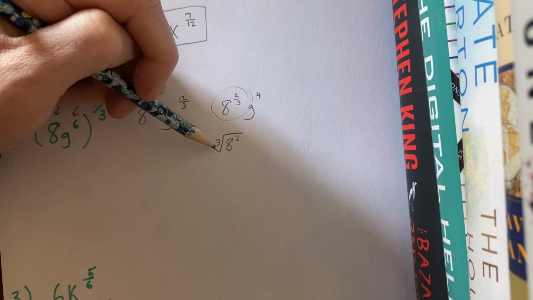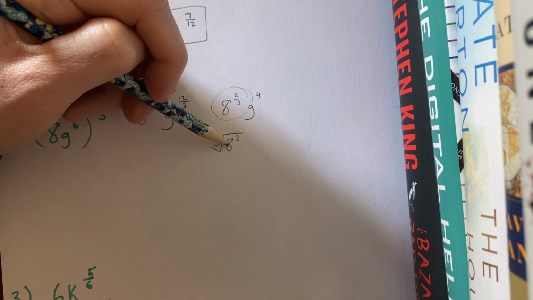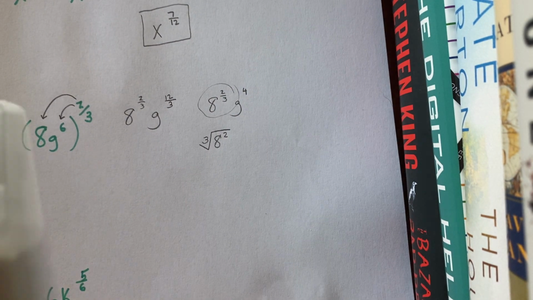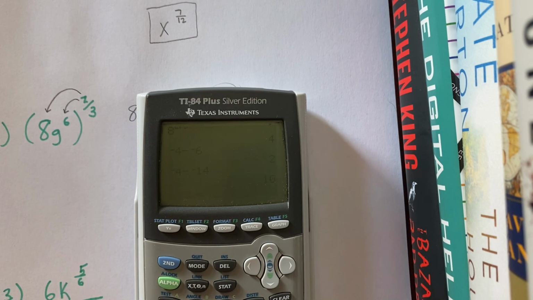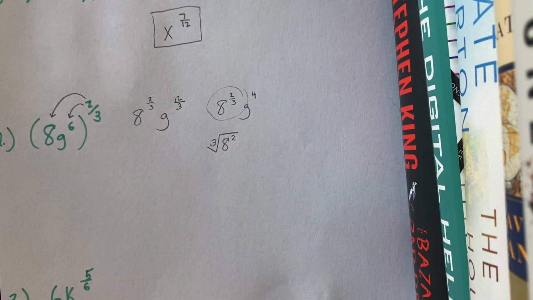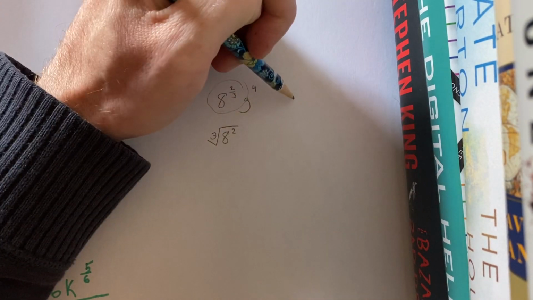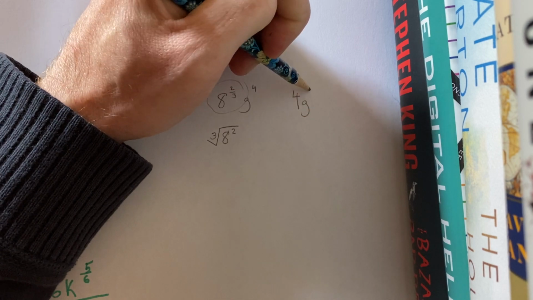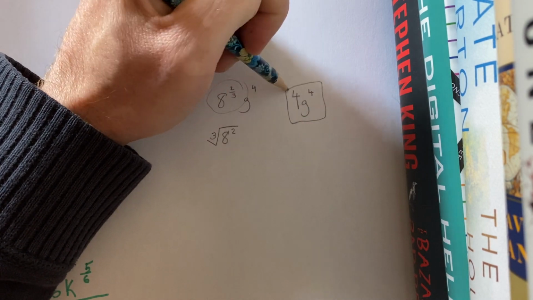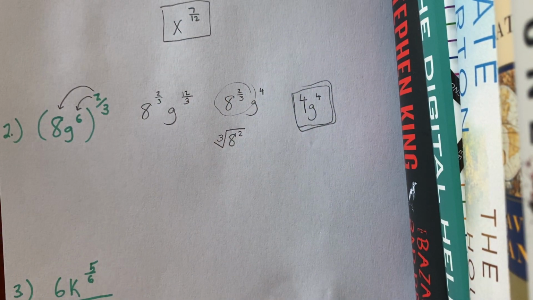So in a sense, I'm taking the cube root of 64, which, if you know that in your head, great. If not, go back to the original 8 to the power of 2/3. That gives me a 4. So what I circled turns into 4g to the 4th power. That is my final answer.